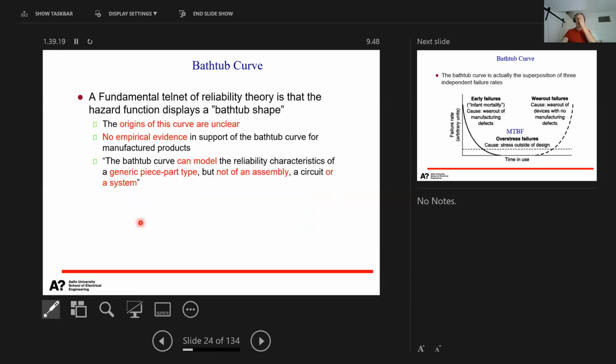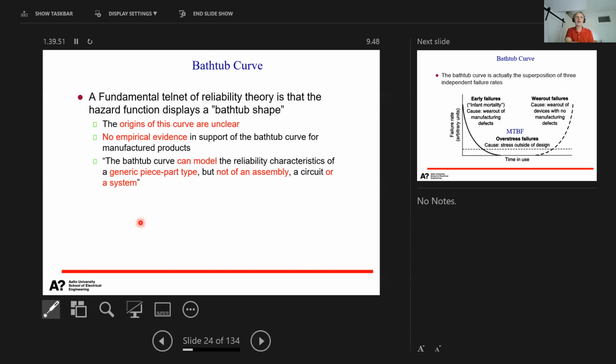In fact, I think I added in my courses at least one article with a critical look at the bathtub curve. Actually, nobody really knows who invented the bathtub curve. Every reliability engineering handbook has it, but we never have an actual reference that, okay, this was the guy, John Bathtub, who developed it, or whoever.